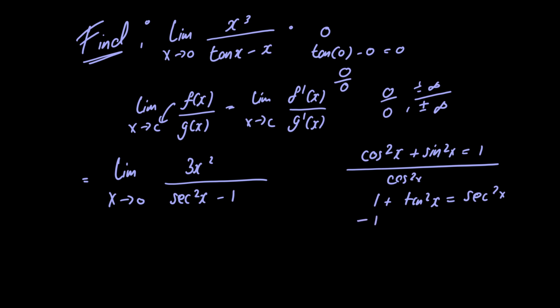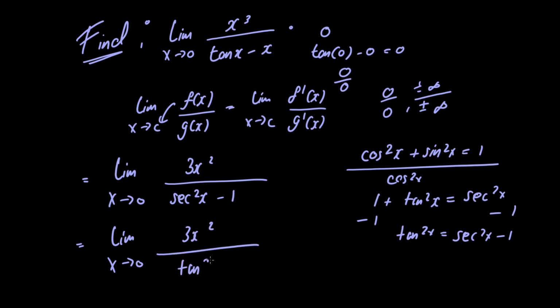If we subtract 1 from both sides of this equation, we have tangent squared of x is equal to secant squared of x minus 1. So we have the limit as x approaches 0 of 3x squared divided by tangent squared of x.